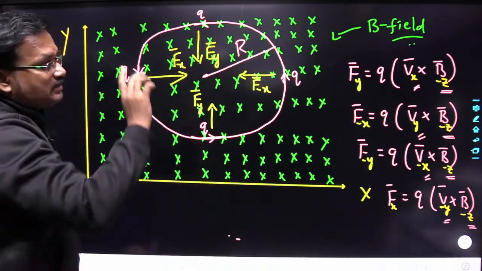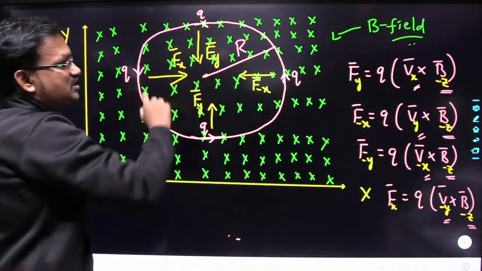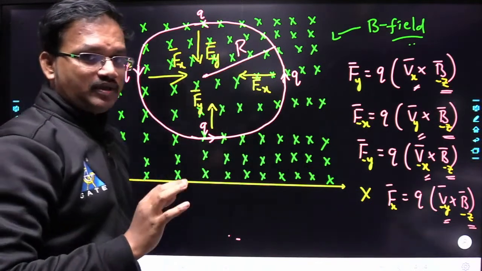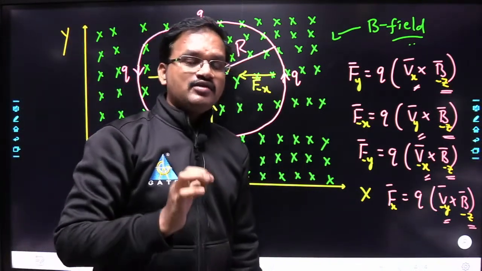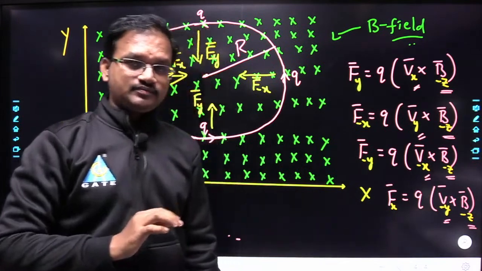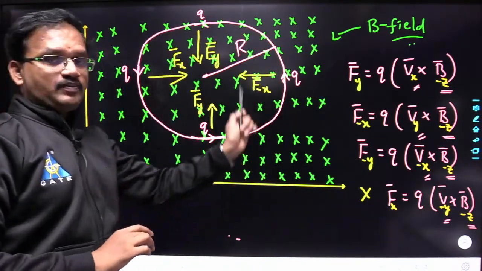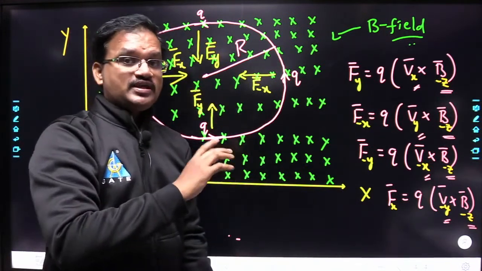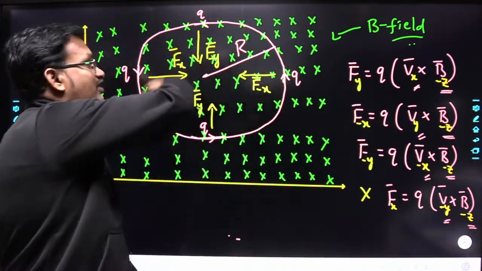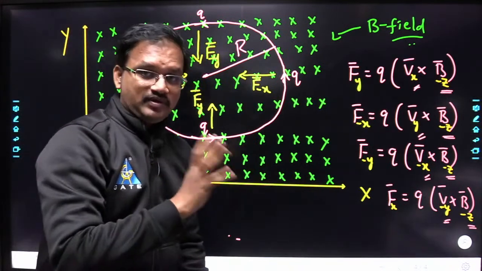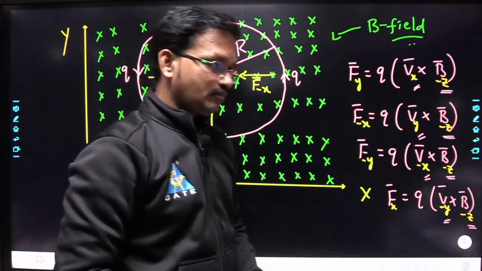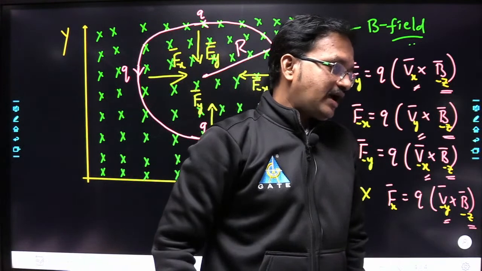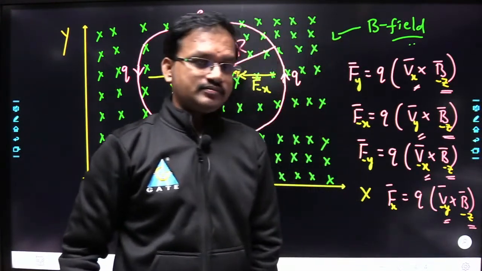So that means, what is the angle between the velocity and B field here? The velocity is in the xy plane and the B field is in the negative z direction. Tell me, what is the angle between velocity and B field?